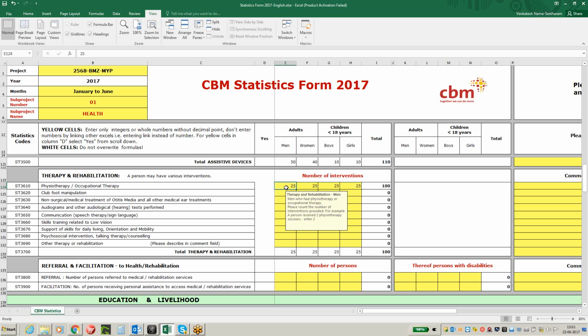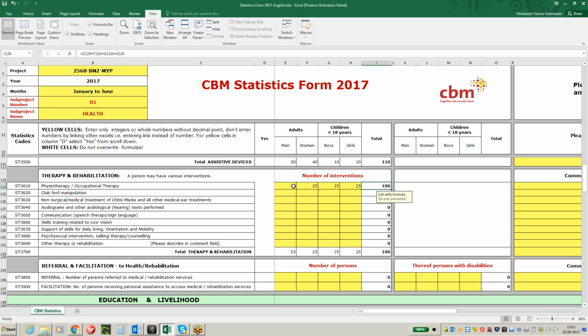Here we are not counting the number of persons. It is therapies. For example, if the project has done 100 physiotherapy sessions, it might be only 4 people receiving 25 sessions in a year. To give a very simple example, they should not put 4 here, but they should put 25.